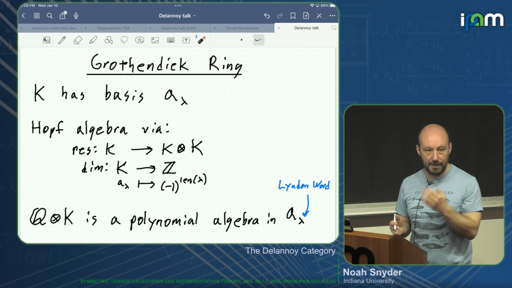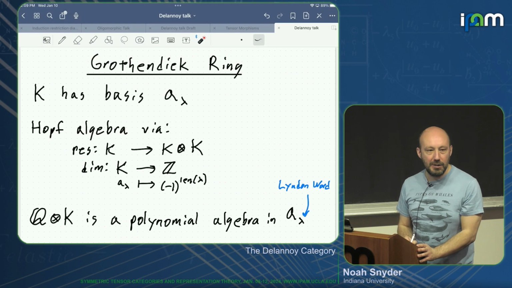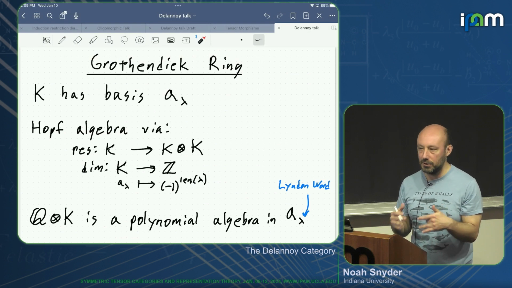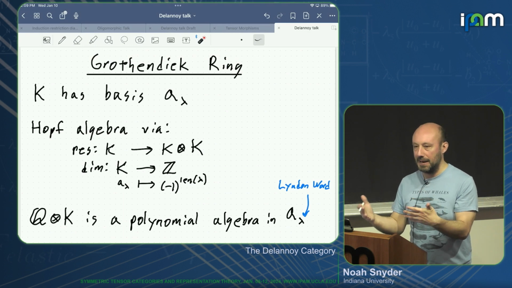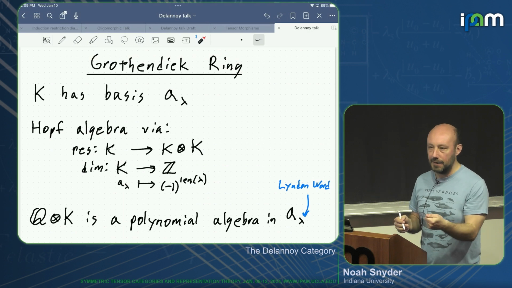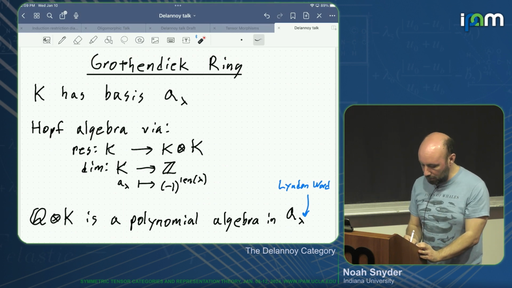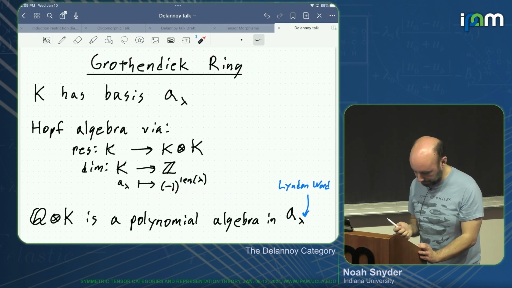So this is your question about associativity. But as the co-unit, you have to use something that's not very categorical. So the Grothendieck ring is a Hopf algebra, but I'm not claiming that the category is some sort of Hopf category because I don't know how to define a co-unit. The co-unit is given by dimension, and so here's the answer to your question about dimension. It's, I think, -1 to the length of lambda.